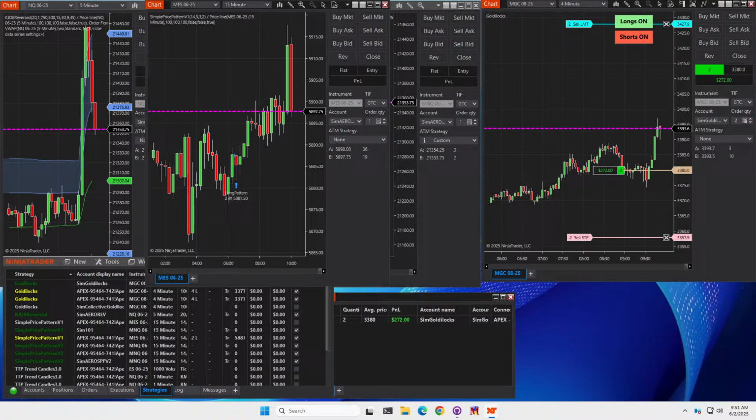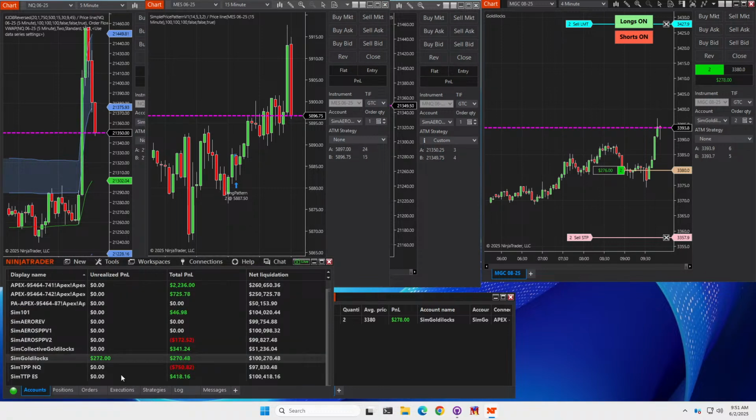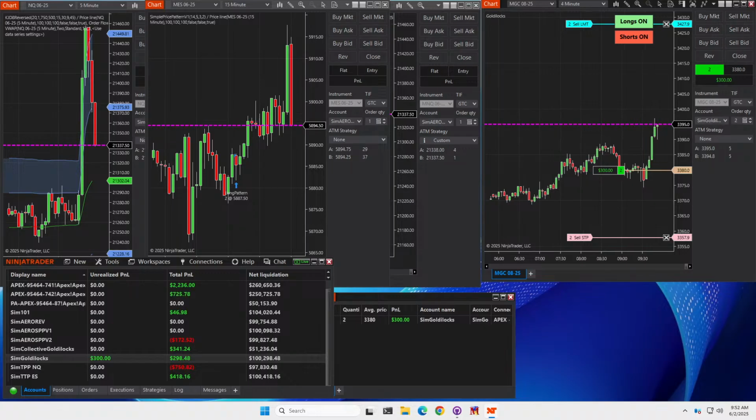I look at NQ. I'm at this $260,000, $250,000 count at Apex, about 2/3 of the way. The NQ's trying to get down to VWAP, but ES is already there.